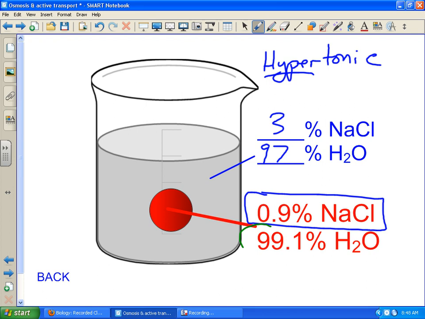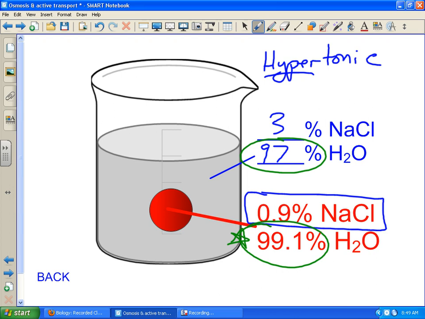Look at where there is more water. Is there more water in the cell, or is there more water out of the cell? Hopefully you notice there's more water in. 99.1 is higher than 97.